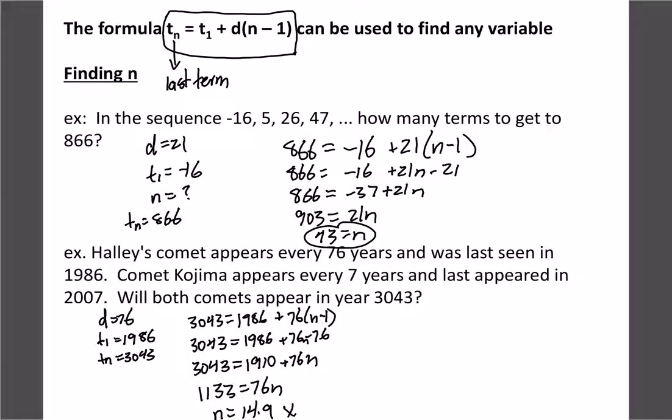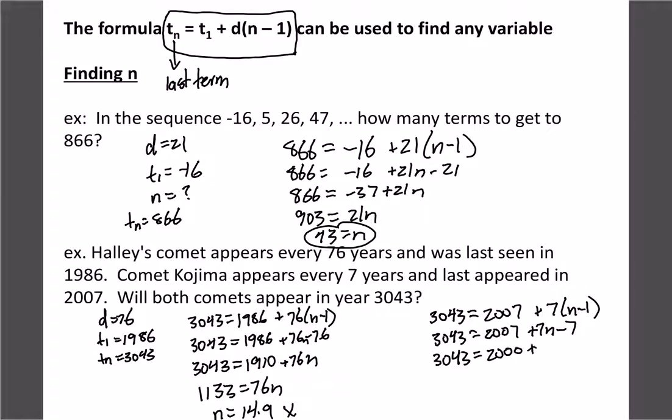Let's just, for argument's sake, see if Comet Kojima will appear in the same year. We basically do the exact same thing, except we put in 2007 as our starting number, and we put in 7 as our D. So let's solve this one. 3043 equals 2000 plus 7N.